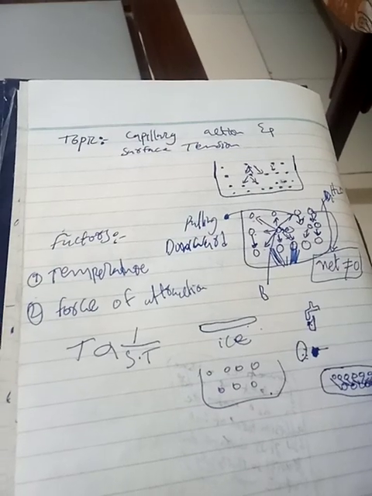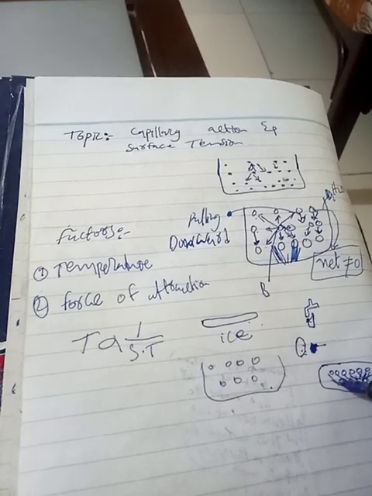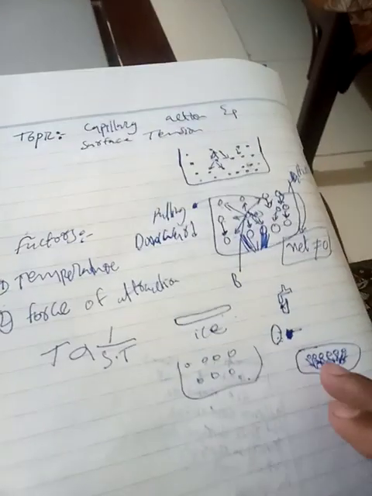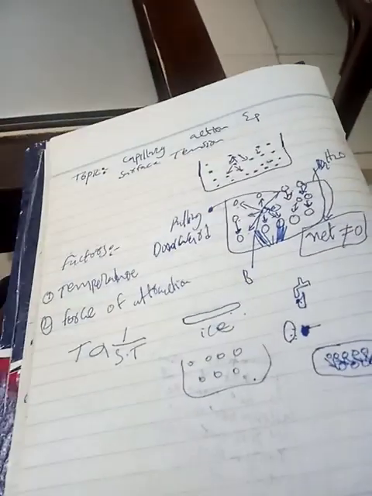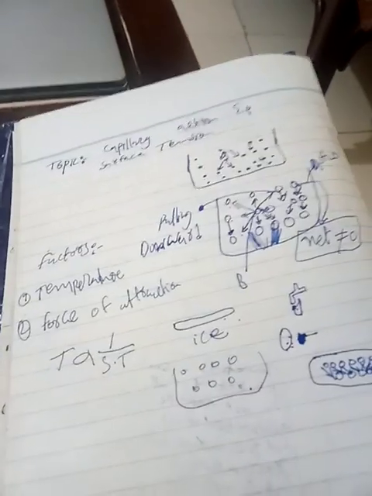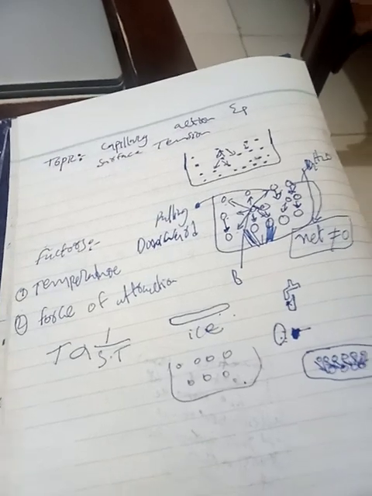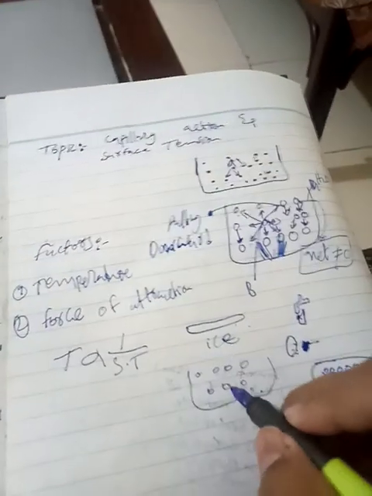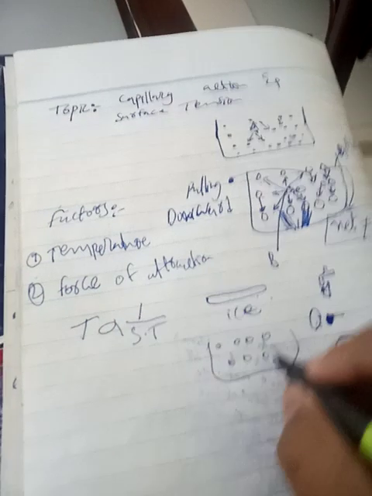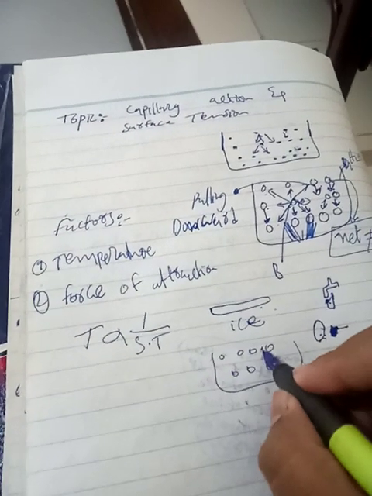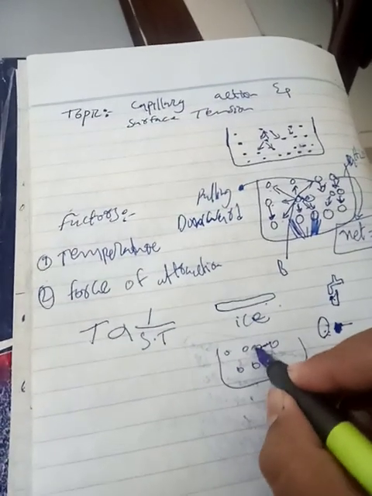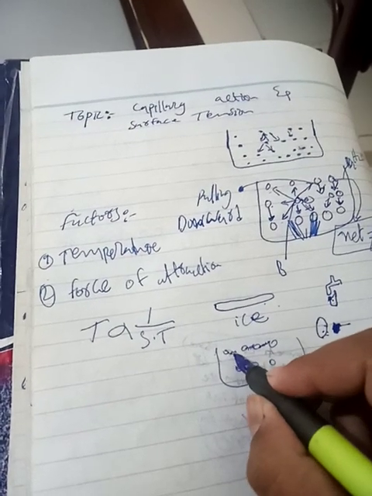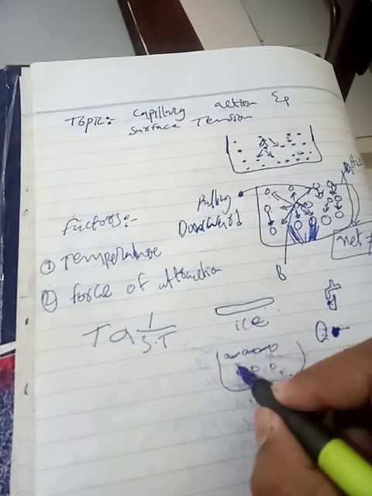So in surface tension, the molecules are more attracted downward because of the decrease in temperature. And if you look at a liquid molecule which is a bit warm, here we have more kinetic energy.